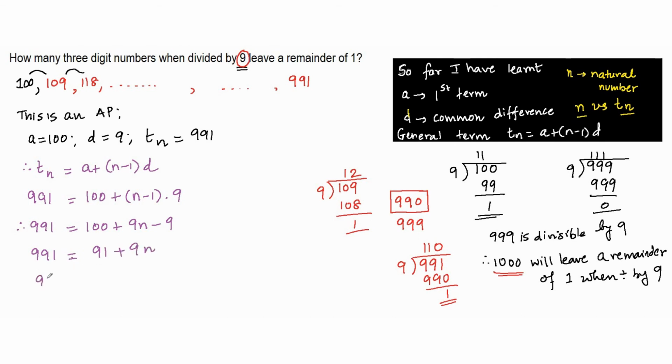This means 900 is equal to 9n, and therefore n is equal to 100. So there are 100 numbers which when divided by 9 leave a remainder of 1.